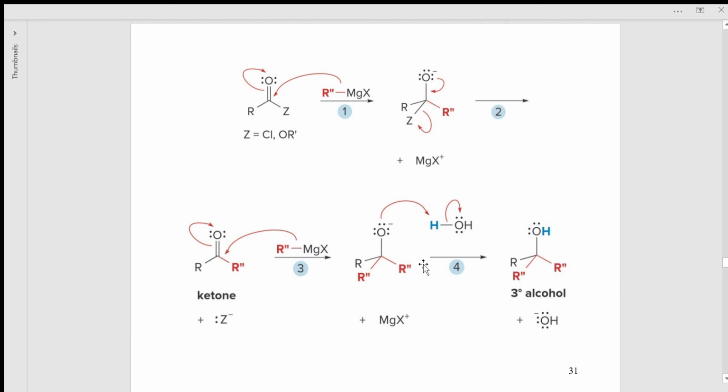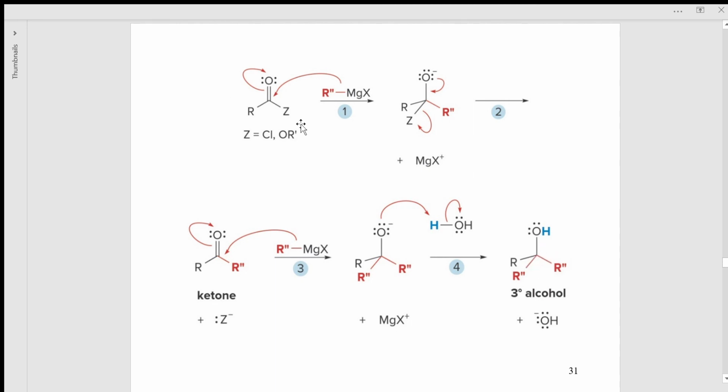In the third step, this alkyl group will never leave this substrate. Instead, we need to protonate this oxygen anion to form the alcohol. So the first organo part is added here, the second organo part is added in this step, and the final protonation forms the tertiary alcohol here.